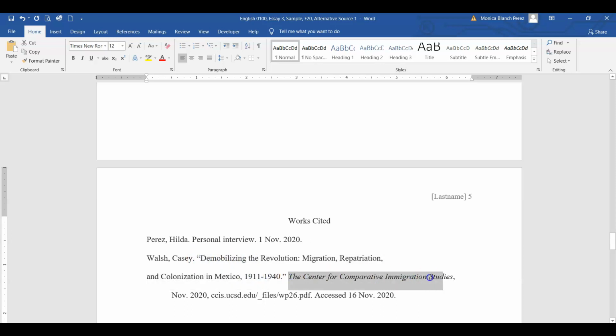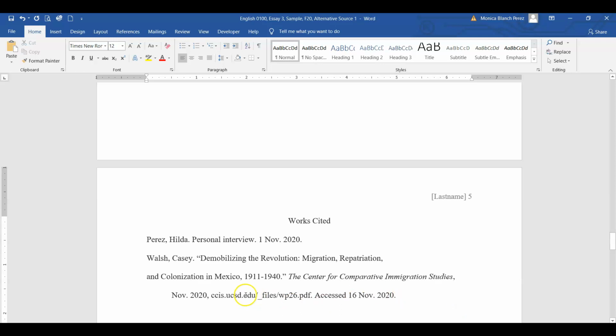And it comes from this website. An article that was published on November 20th, 2020. This is the website. And this is when I, Mr. Perez, who wrote this article, accessed it. I accessed it today, this morning, 16th of November, 2020.